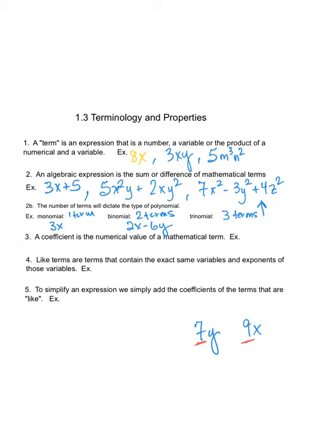But specifically, what does the coefficient tell you? Great, I'll tell you. It tells you how many of something you have. Okay? If we have 7 trucks, we say 7 trucks. 7 tells you how many of something you have. So if I have 7y, this tells me that I have 7 y's added together.